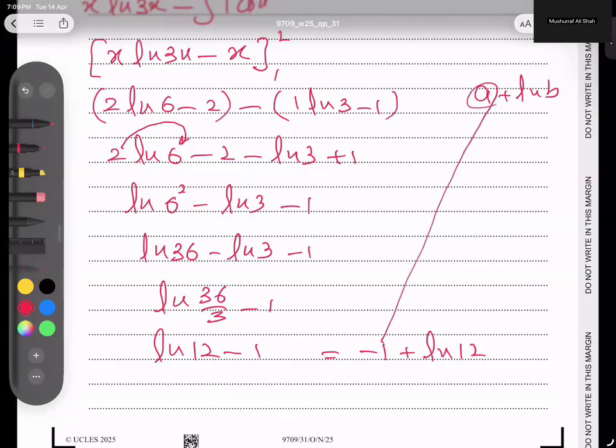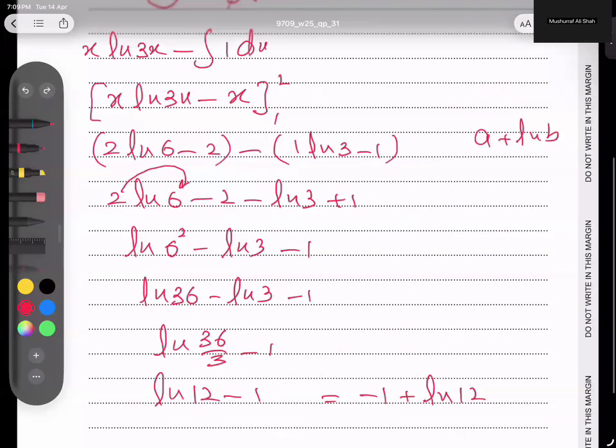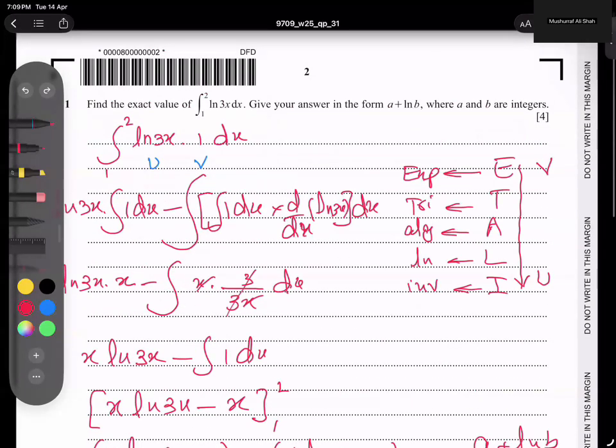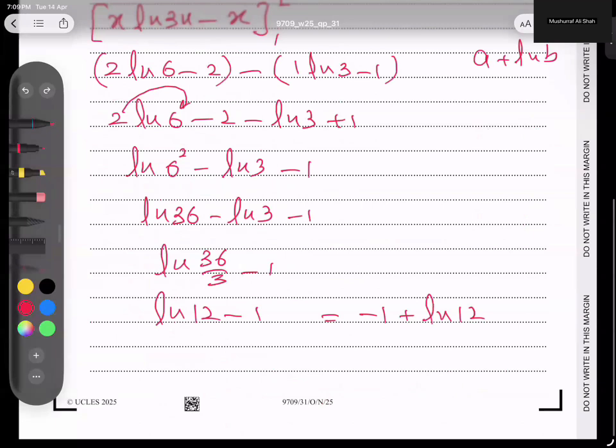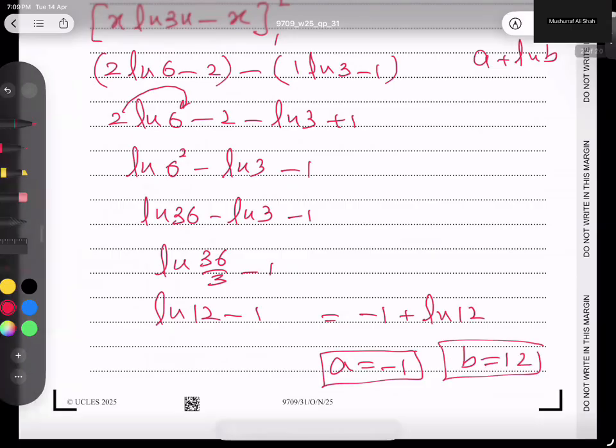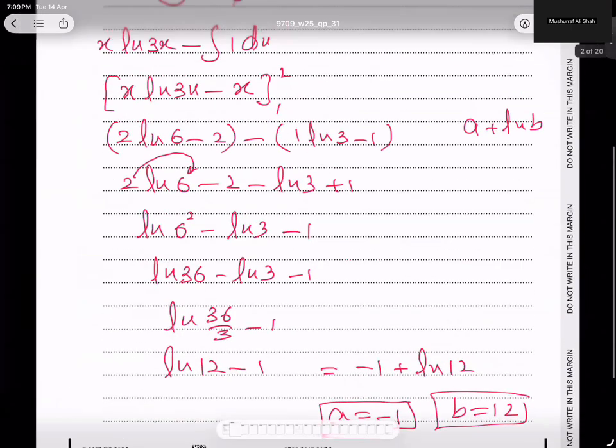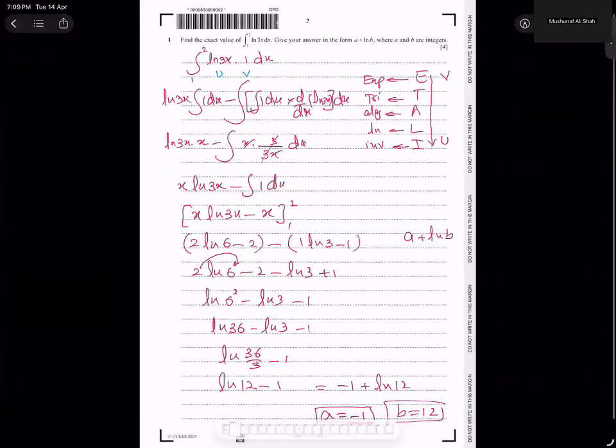He did not ask to find the values, but if he asks us, we can say A is negative 1, then B is 12. The concept of question number 1 is completely over.